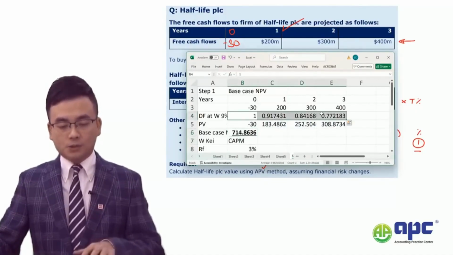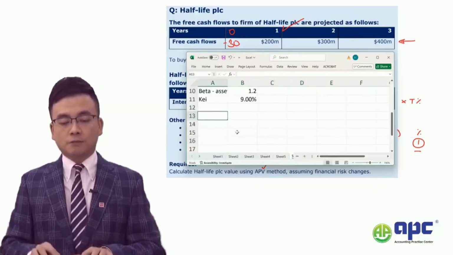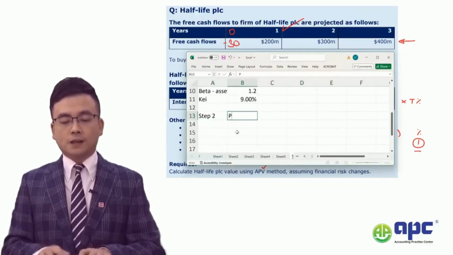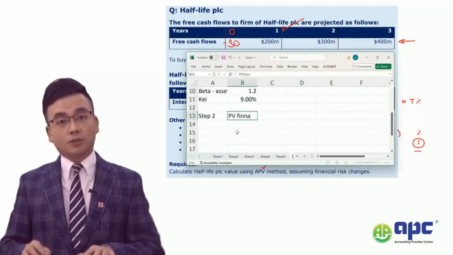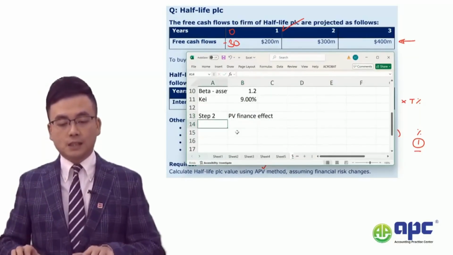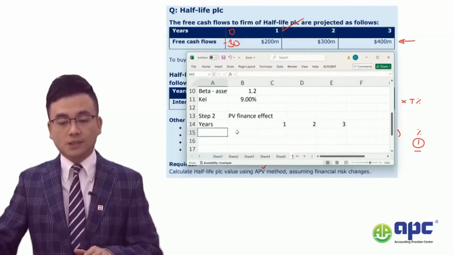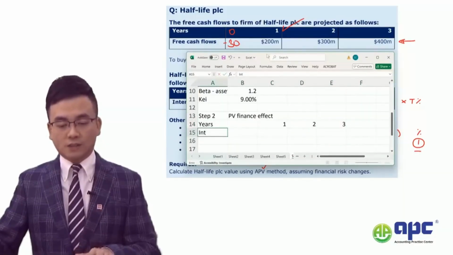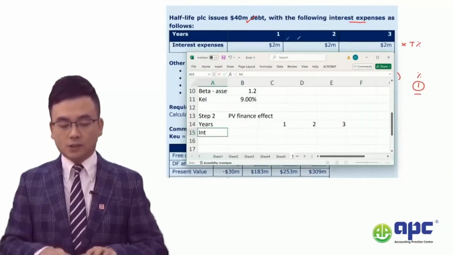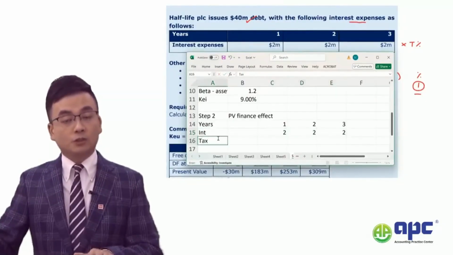Now, as step number 2, we need to calculate the present value of the finance effect. Here, because we've got debt, and we've got years 1, 2 and 3, the interest expense we're told in this business is $2 million each and every year, and the tax rate in the other information is 20%.